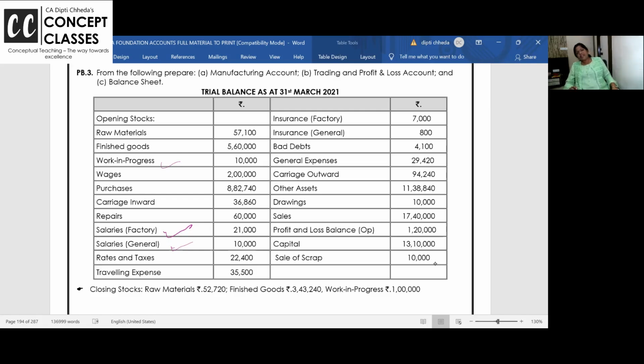Wages, yes, I have taken in trading account, but where manufacturing is there, labor को सबसे ज्यादा पे कहाँ करोगे? Manufacturing यूनिट में. So ready to go, full page, 2 full pages ले लो. Particulars amount. Problem number 3 we are doing now.